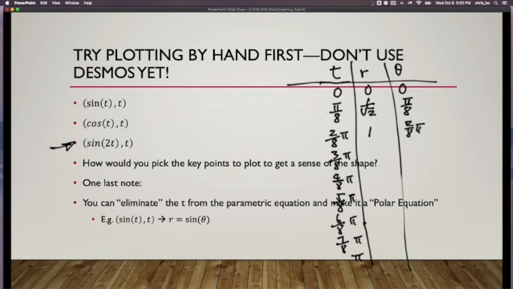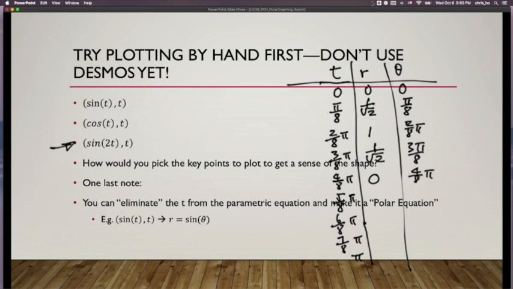At 3 pi over 8, when you multiply by 2 it becomes 3 pi over 4, which has the value of 1 over root 2, and the value of theta is 3 pi over 8. When t is 4/8 times pi, multiply that by 2, that becomes pi, and sine of pi is 0. And this is 4/8 pi.